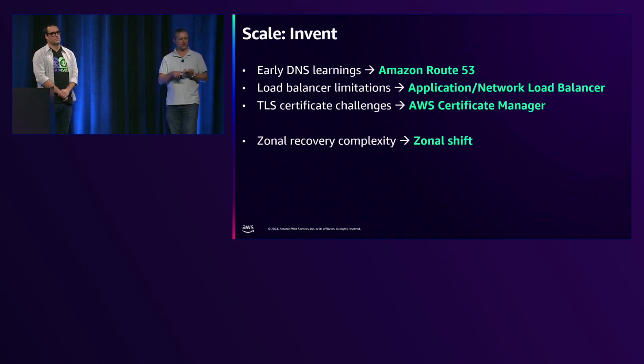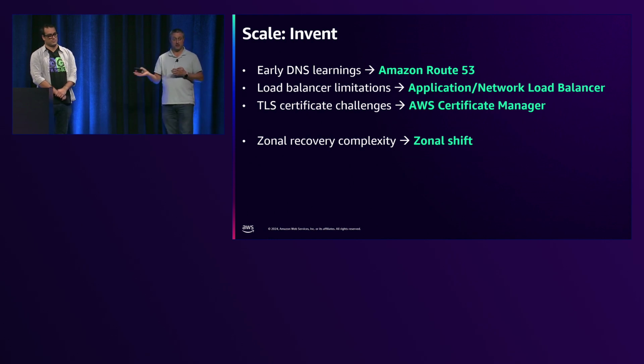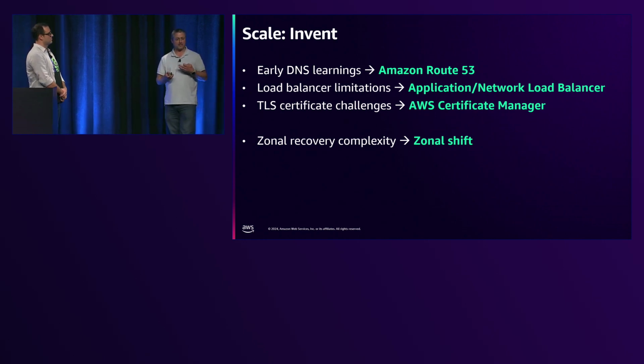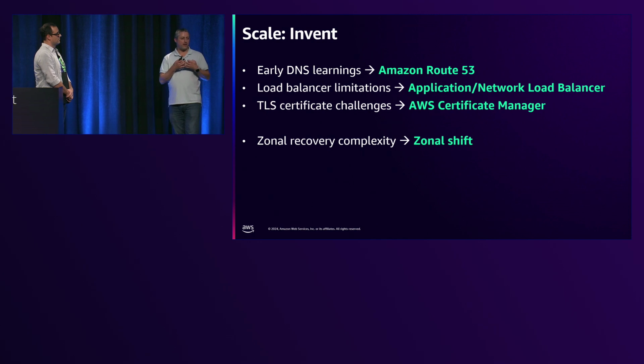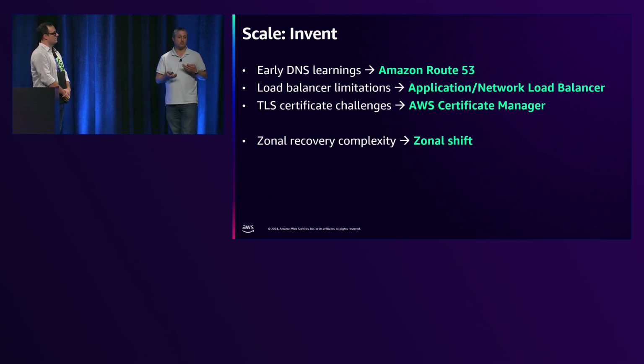It didn't cover all of the services that we wanted to be able to quickly shift away from a zone. We realized we really needed to improve it, but also that we were starting to talk to customers and they were asking, how do we shift away from a zone? We're not really sure how to do that, or it's very expensive for us to build that ourselves. So that is really how those learnings went into building Zonal Shift.